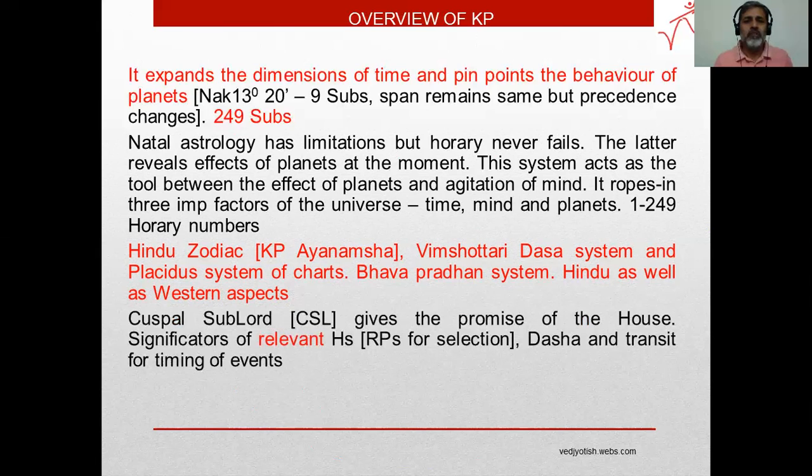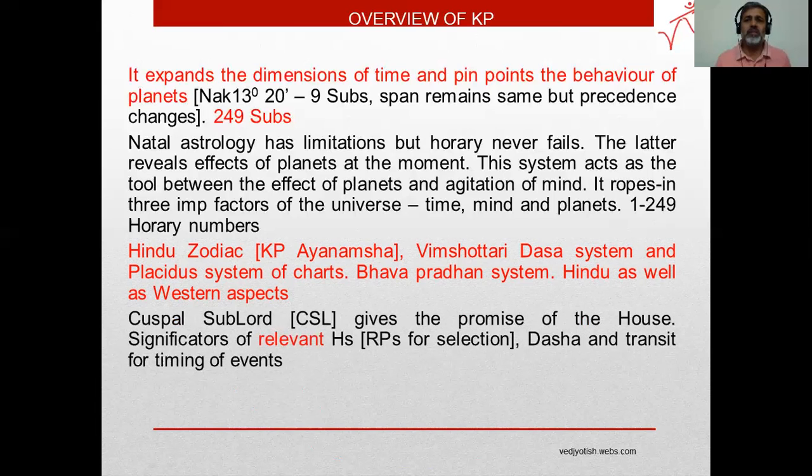Now, this is the system which uses the sensitive zone where the cusp of any house lies. The sublord of that cusp, where the sublord of the sensitive zone, rather, where this cusp lies, gives the promise of the house. Now, whatever are the events promised in a particular house are either allowed or negated by this particular sublord itself.